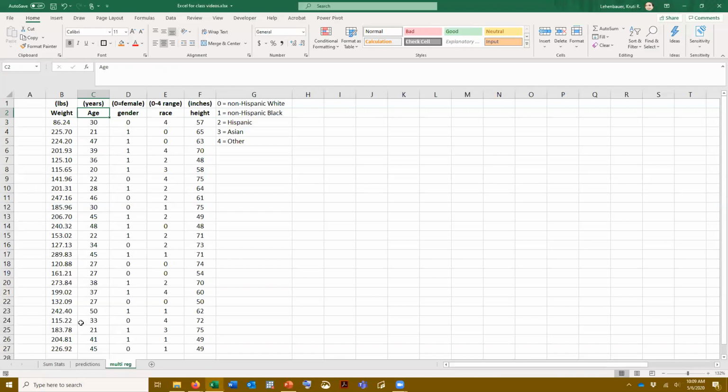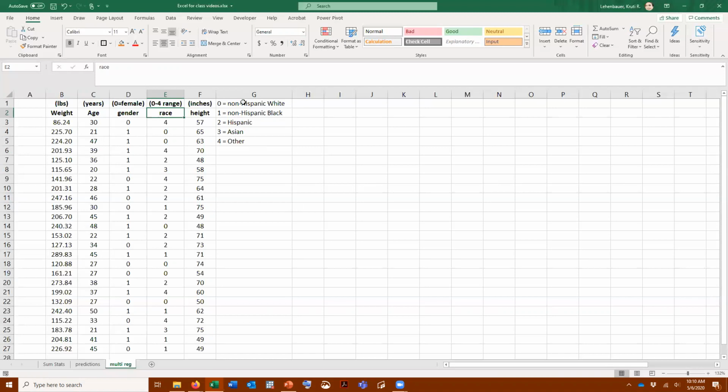So again, these are the age in years. This is the gender. 0 represents a female and 1 represents a male. For the sake of simplicity, we are going to use a binary gender variable with a 0 and 1. This race variable, we have graded it from 0 to 4, but this is a qualitative variable, as in there is nothing which says, oh, being Hispanic is better than being non-Hispanic black, or being non-Hispanic black is better than being non-Hispanic white.